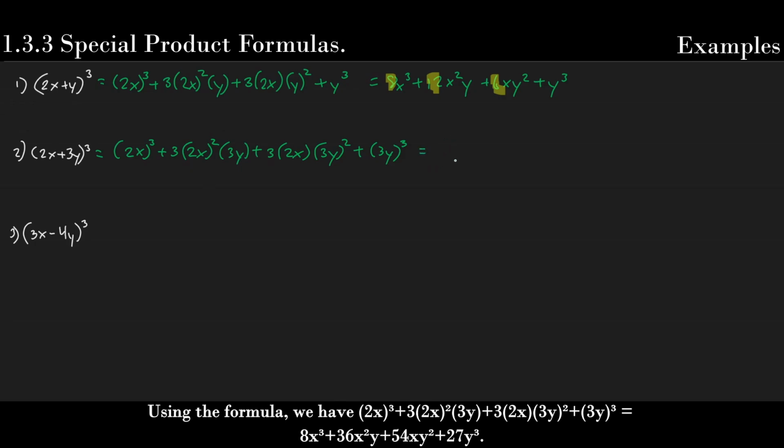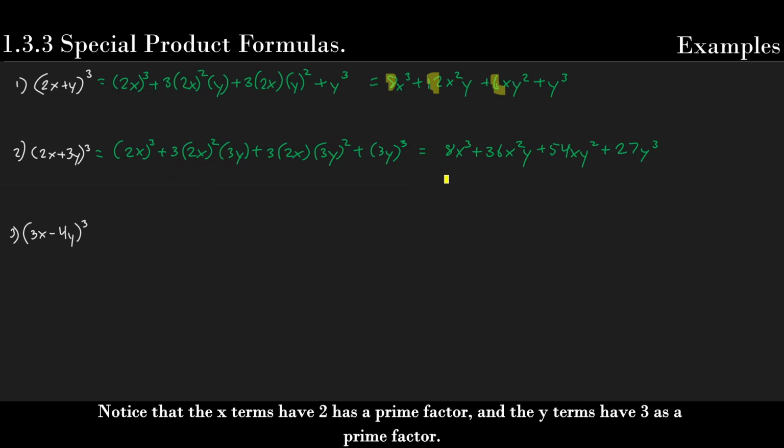This is equal to 8x³ + 36x²y + 54xy² + 27y³. Notice that the x terms have 2 as a prime factor and the y terms have 3 as a prime factor.